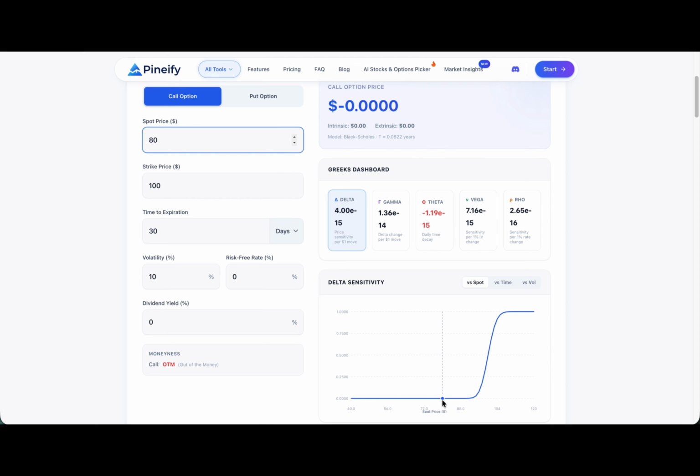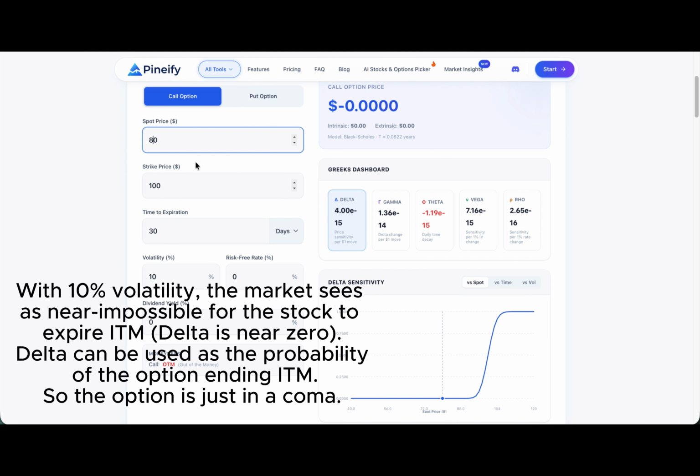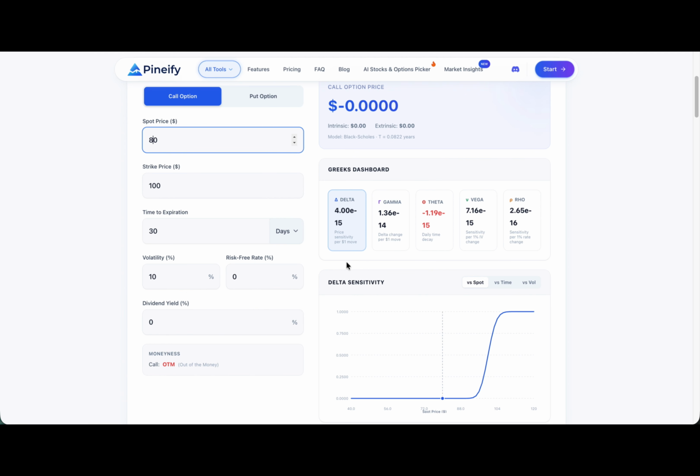Because as you can see here in the delta curve, because the option is so much out of the money, and because we are using a very low volatility, even though we are 30 days out, this option is extremely likely to remain out of the money, because it's 20% out of the strike price, and the volatility of the underlying stock is very low. So chances are it will remain that way, and so the Greeks, as you can see here, are almost meaningless. The option is as good as dead at this point.